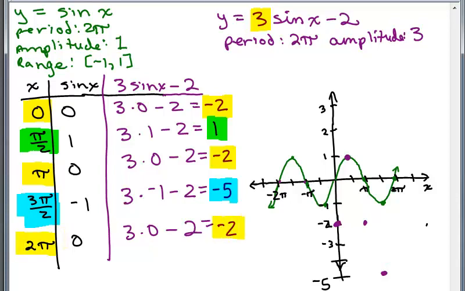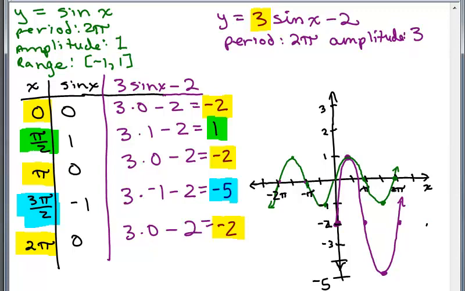Back up here. All right, so what's happening is it's stretched just like the y equals 3 sine x. Remember, it goes up first and then down, but everything is shifted 2 units down from that minus 2.